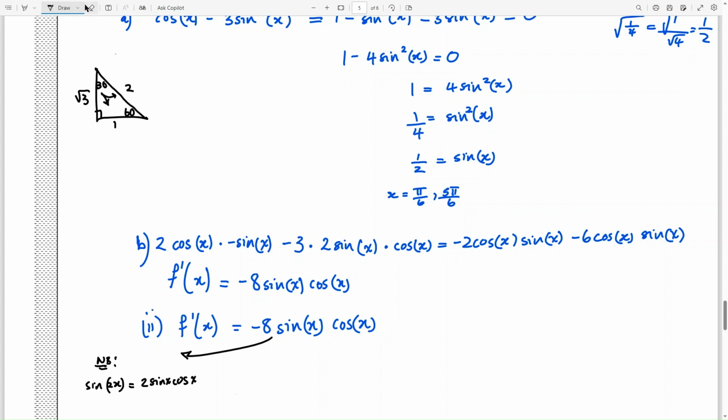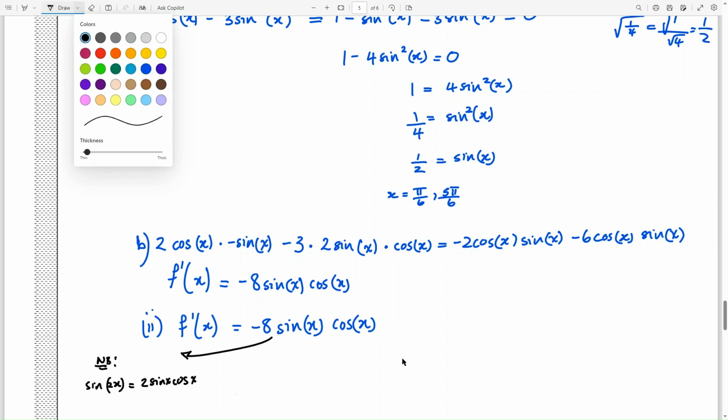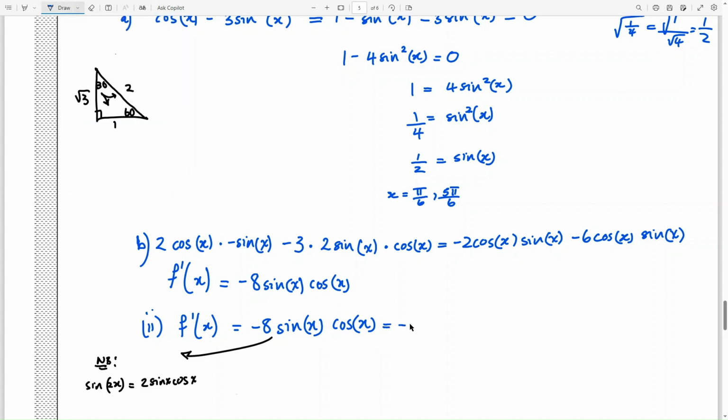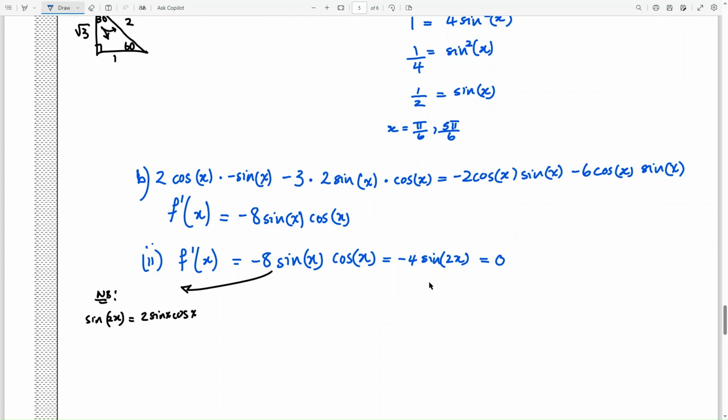Then we can use that to rewrite the derivative one more time, and that would be negative 4 times sine 2x. I think that's a way simpler way to look at it, and that's equal to 0. So when you divide both sides by negative 4, you get sine 2x is equal to 0.